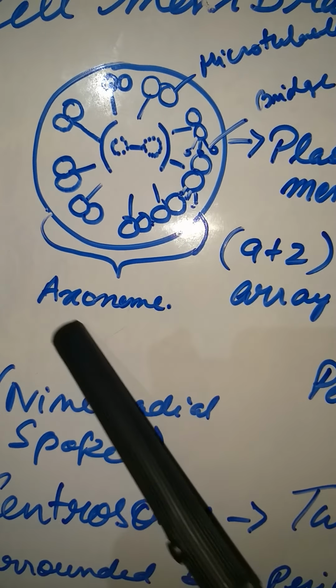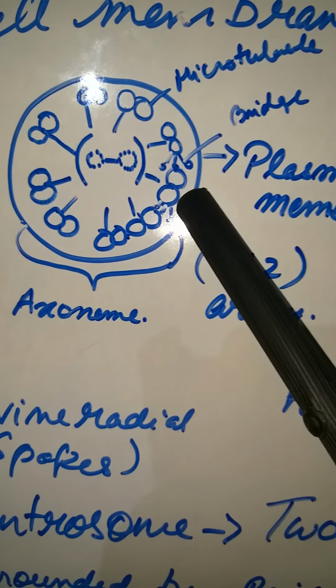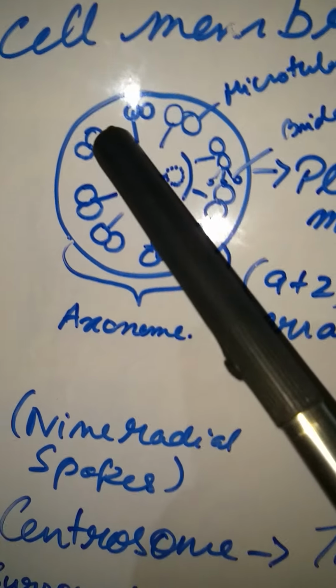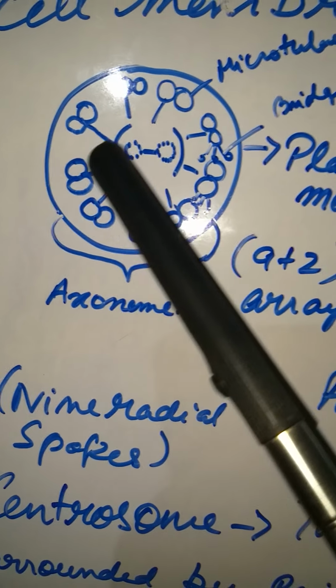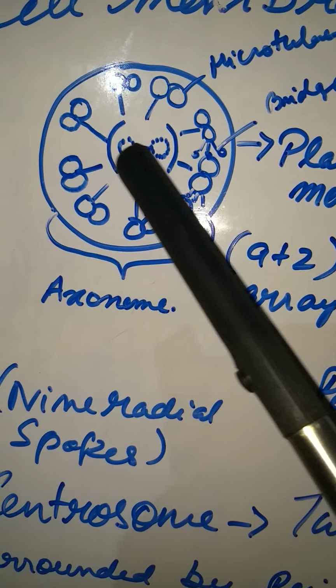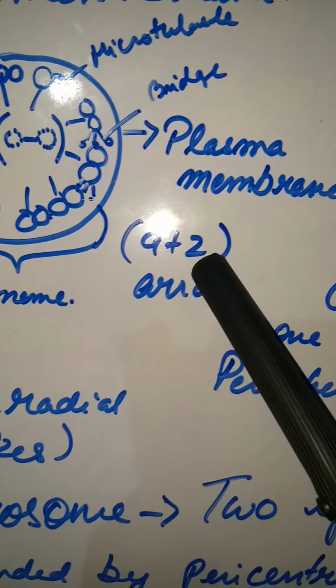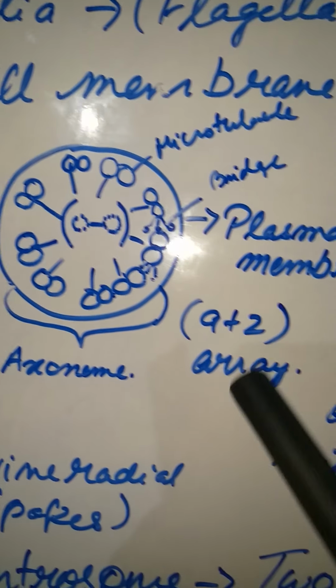So here it is the axoneme, the inner material, within the circumference of this line. Now here you see 1, 2, 3, 4, 5, 6, 7, 8 and 9, and 1, 2. So that means there are 9 plus 2 microtubules.